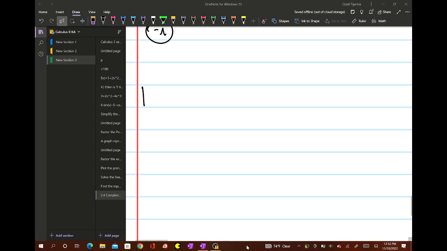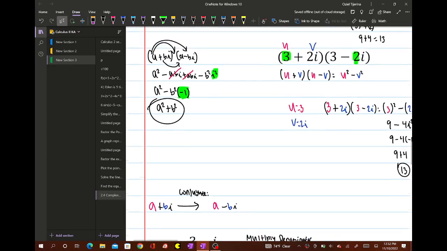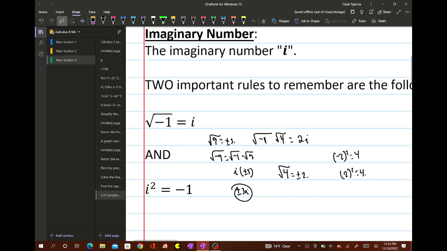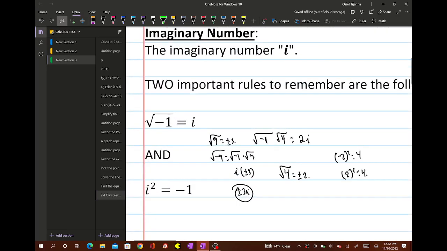Okay, well, absolute value you don't actually go over until pre-calculus, at least I think. So I'm not really going to go over that in this video. But yeah, so that is what imaginary and complex numbers are, guys. That was what the entire section was about.